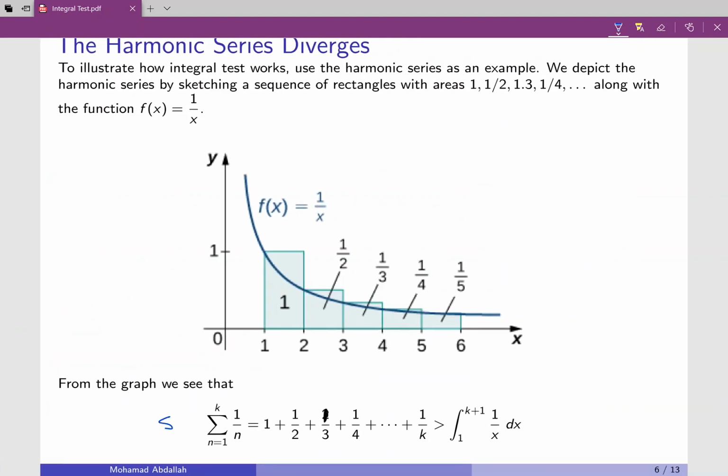This is the kth partial sum s sub k, the summation from n equal 1 to k of 1 over n. So this is 1 plus 1/2 up to 1 over k. Instead of the 5, I have k here, and instead of the 6, I have k plus 1: the integral from 1 to k plus 1 of 1 over x dx.